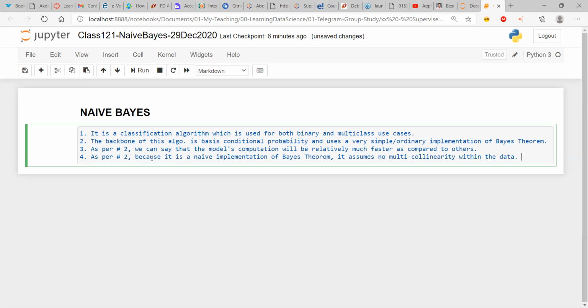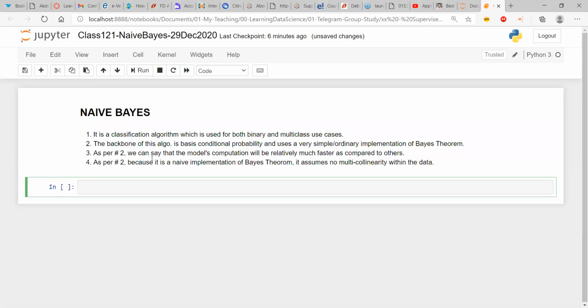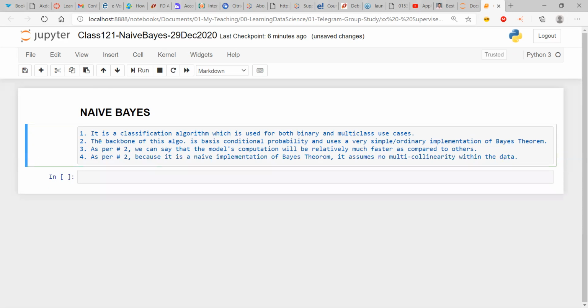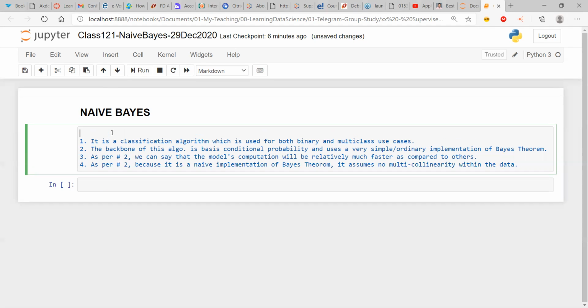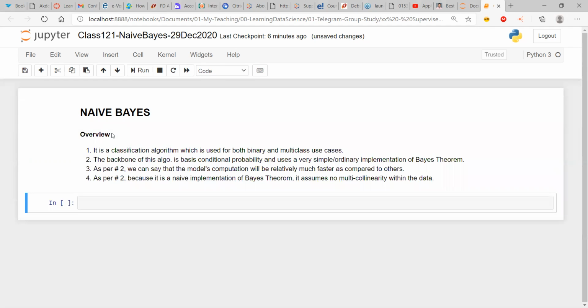So whatever use cases we may have, the data has to be prepared in such a way that we don't see any issues with multicollinearity. Because if we have intercorrelated features, then naive Bayes will not work.